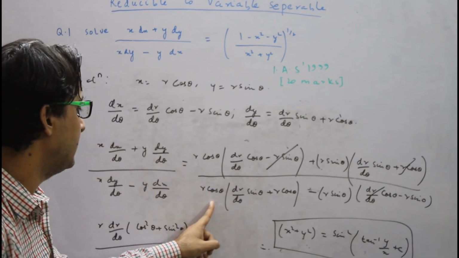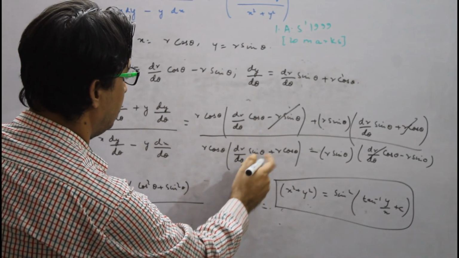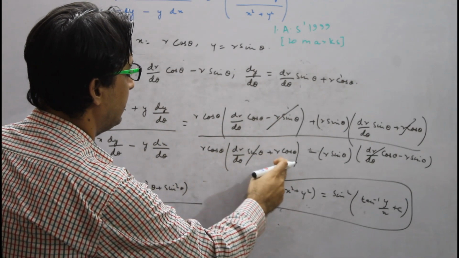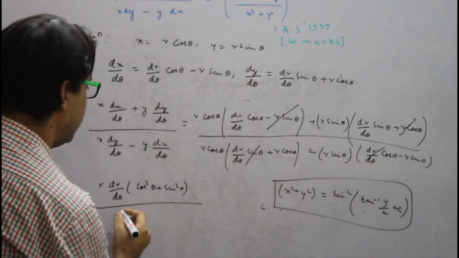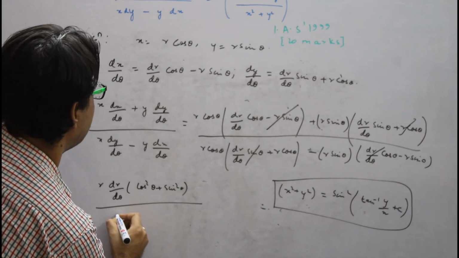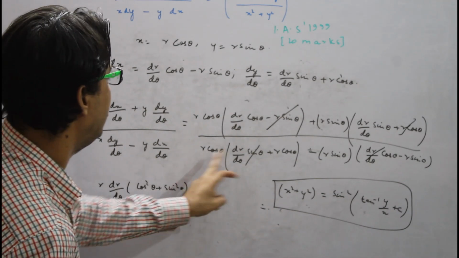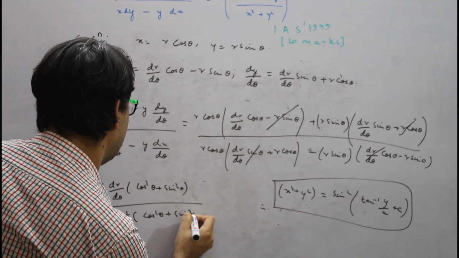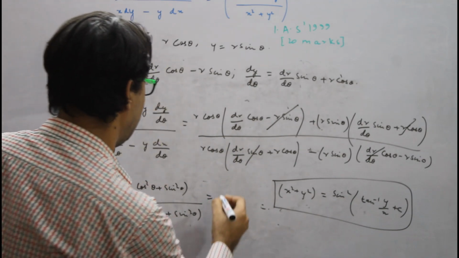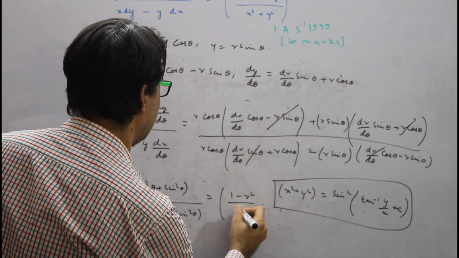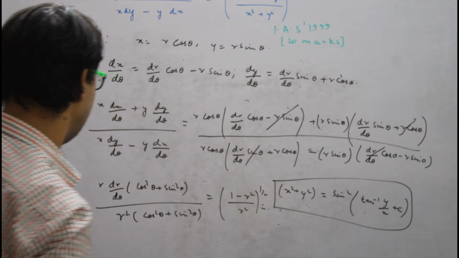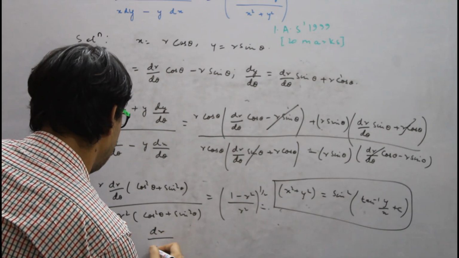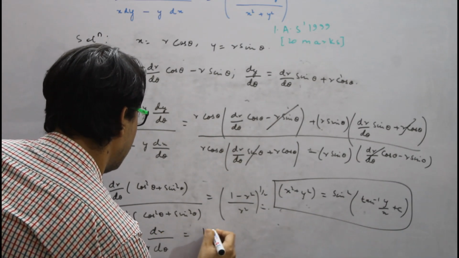Similarly over here, this one and this one were cancelled, so what we are left with is r cos theta, cos square theta, minus minus becomes plus, so r into r is r square, cos square theta plus sin square theta. So we know this identity is 1, so we are left with dr by d theta divided by r is equal to 1 by.